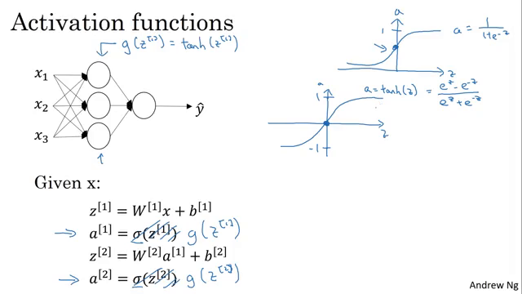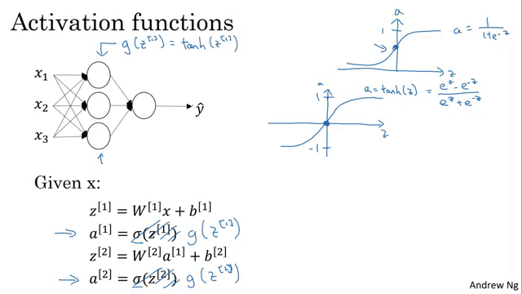We'll say more about this in the second course when we talk about optimization algorithms as well. But one takeaway is that I pretty much never use the sigmoid activation function anymore. The tanh function is almost always strictly superior.